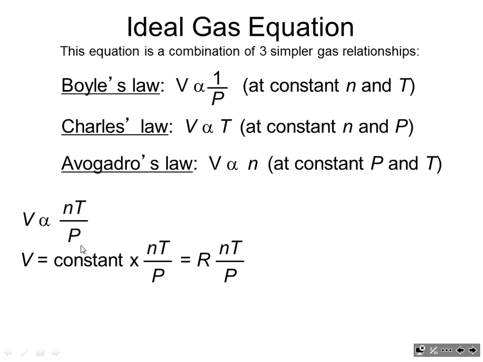And when I add this constant, instead of directly related, I can turn that into an equal. So what is the constant? R. So we call the letter R the gas constant.